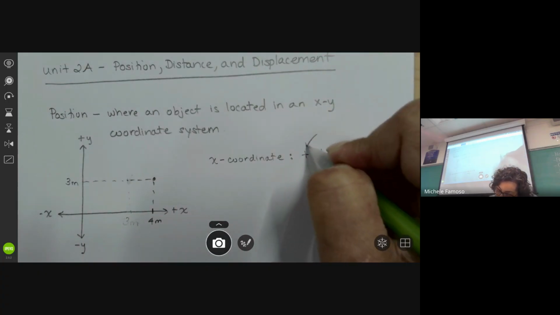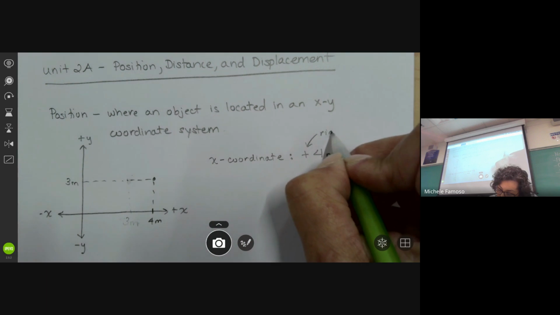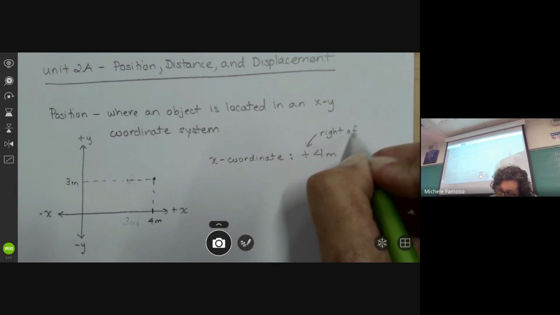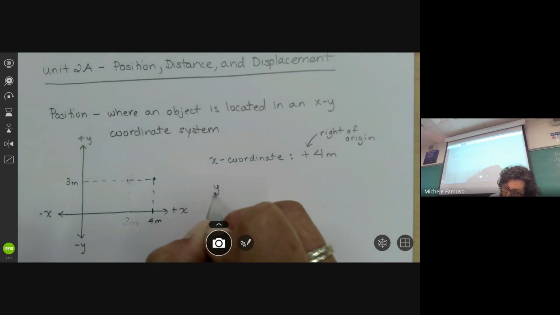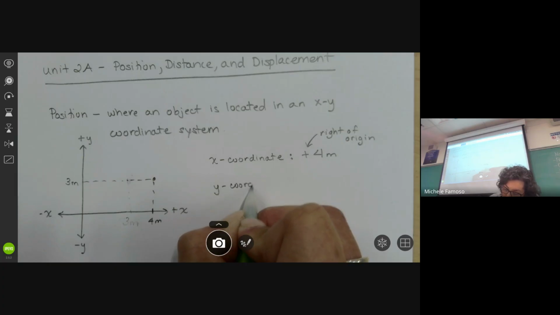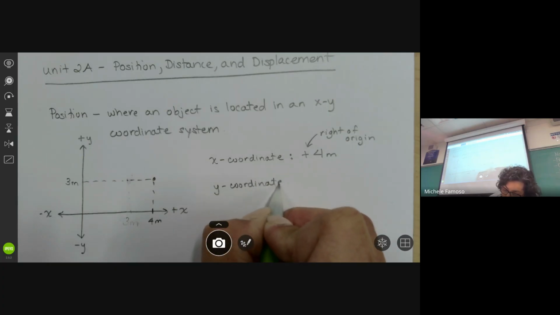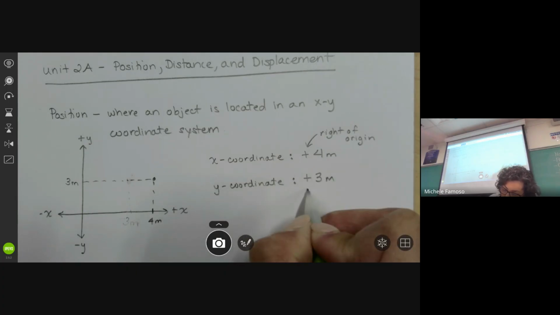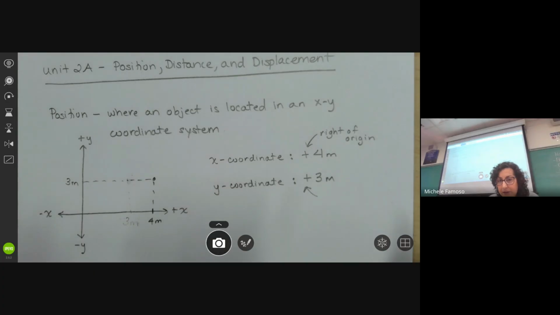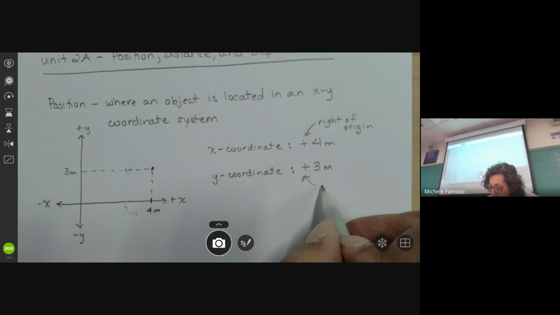That positive signals that we are to the right of the origin. And our y coordinate would be listed as positive 3 meters, where that positive sign would signal that we are above the origin.